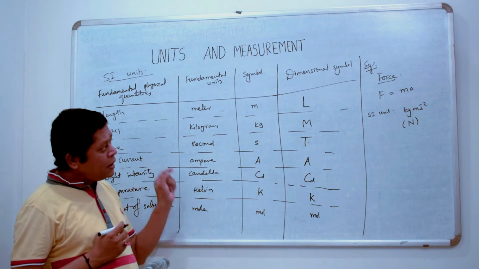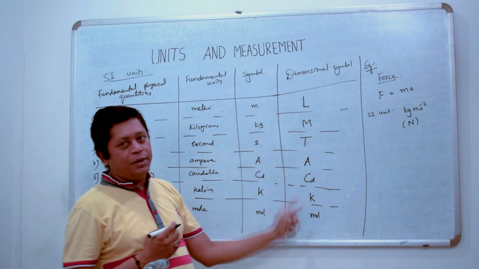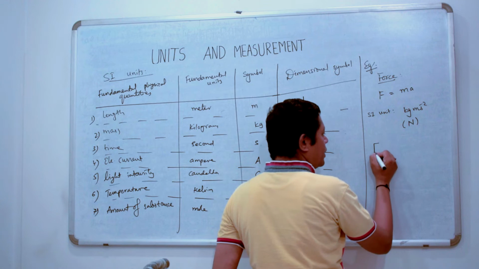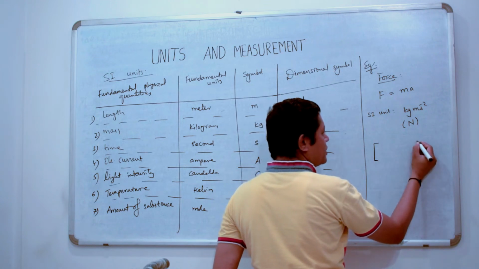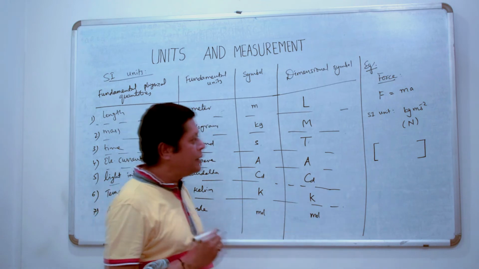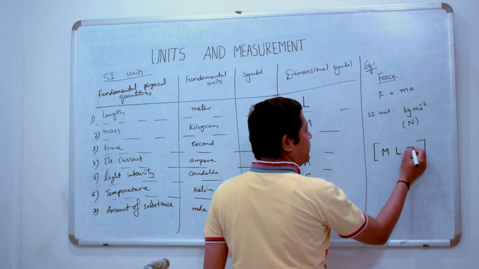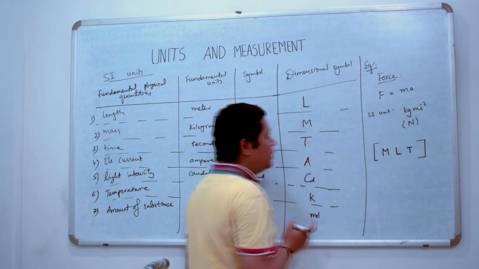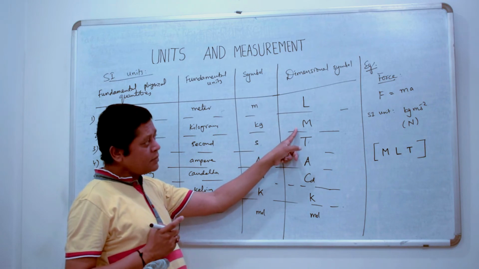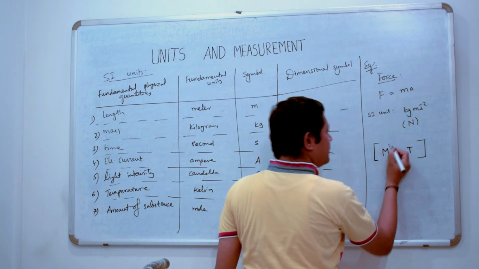Now, if we are able to write this unit, then we can also write the dimensional formula. The dimensional formula for any physical quantity is represented in terms of powers of M, L and T in a big bracket. For kilogram, the symbol is M. How many times is kilogram there? 1 time, so you can write M^1.